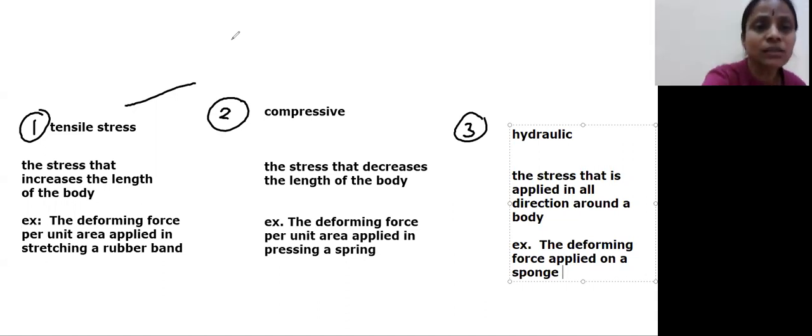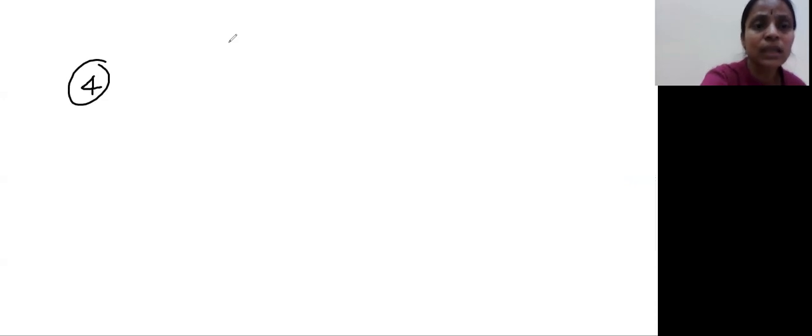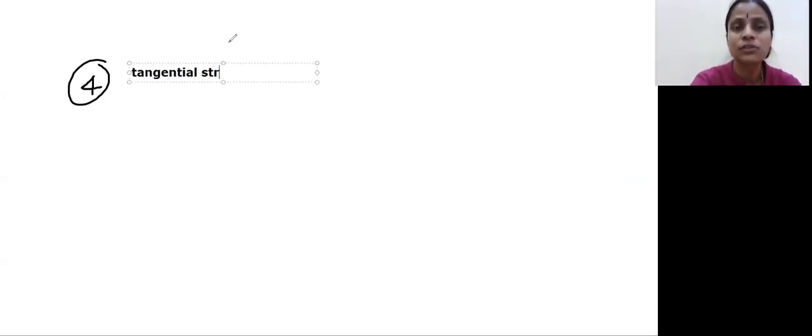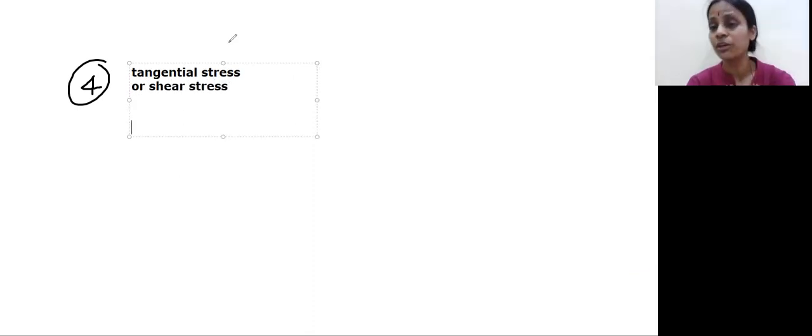Now, what's the last one that we saw? That's the tangential stress, or otherwise called shear stress. Now, what is a shear stress? Let me show you this book that I'm holding in my hand. Any book of this matter. You see, these three sides are mutually perpendicular to each other, right?